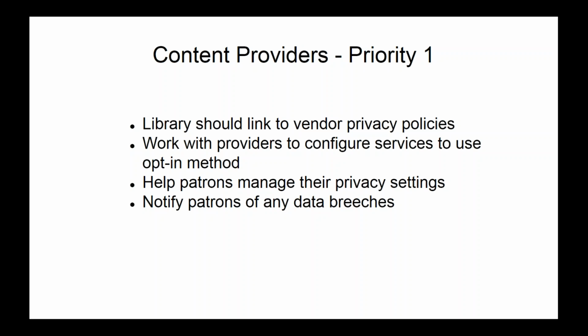At the point that they click on a book title or go into a particular resource, they're usually just trying to get there, and all the interfaces are a little bit different. So what we're suggesting is that somewhere on the library website, you provide a document that links to all the privacy policies of the different vendors that you use for digital content.